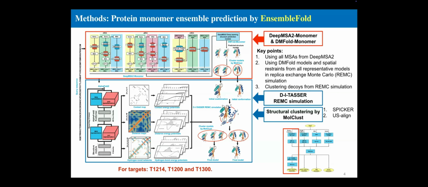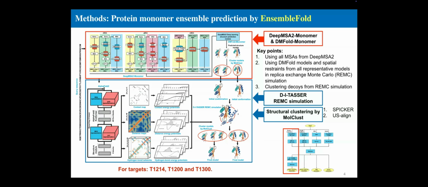Those decoys will be clustered by structure similarity first, and the cluster center of each cluster, and the corresponding spatial restraints generated from the cluster center model, coupled with the knowledge-based potential from the DEMO-tensor force field, will be used to guide a replica exchange Monte Carlo simulation to get a more diverse set of decoys.